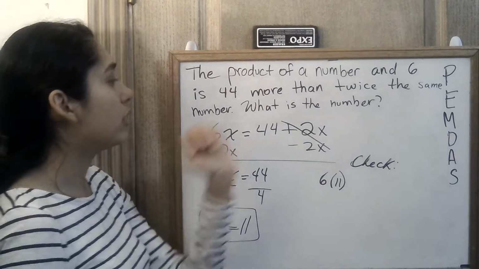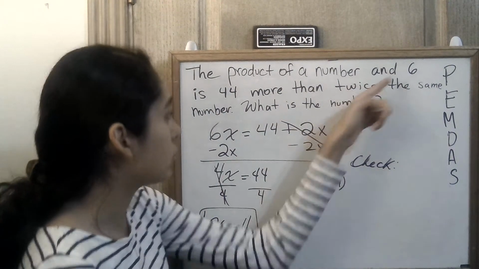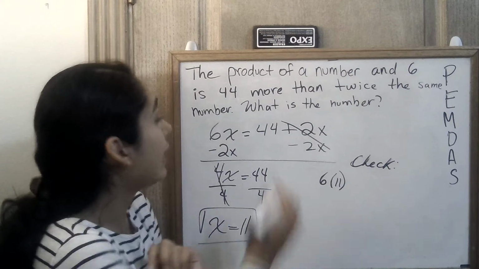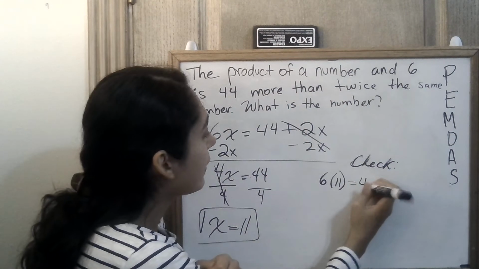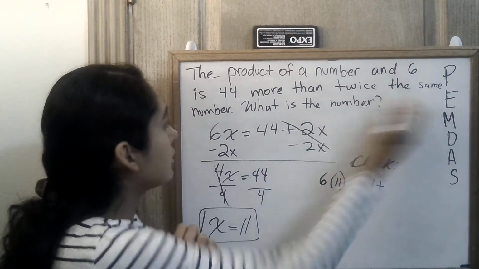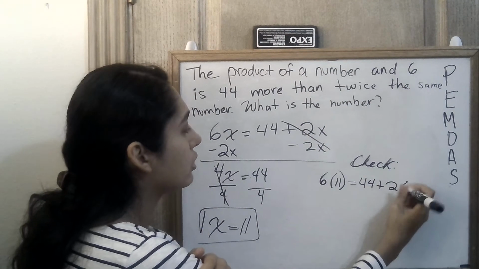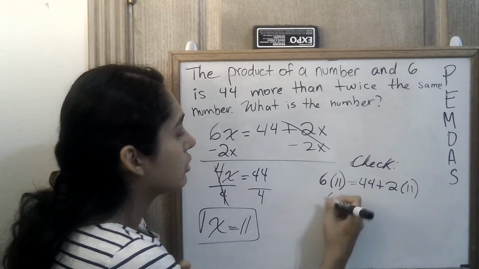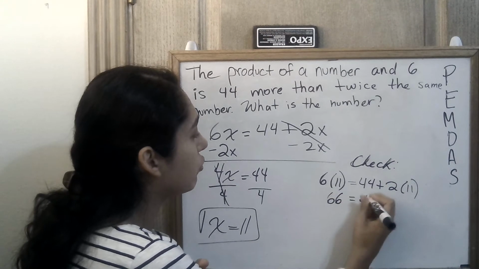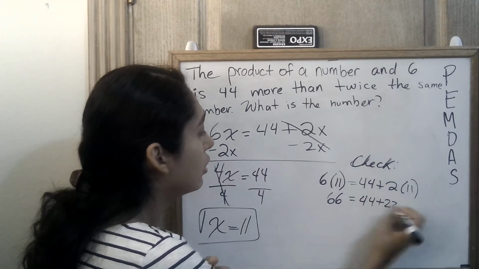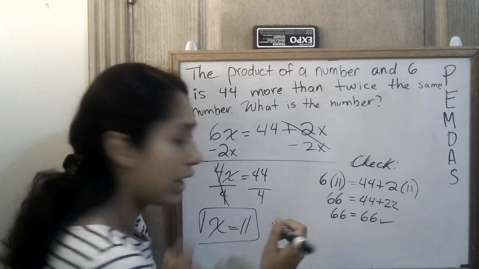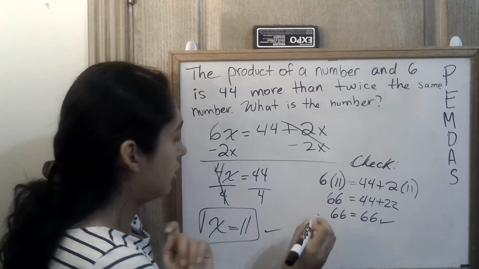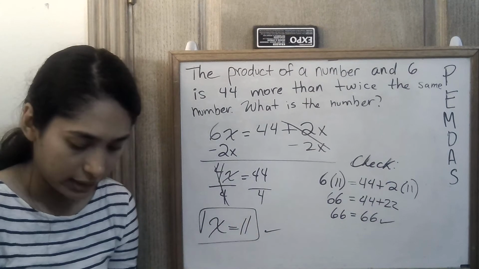The product of a number and 6, so 6 times the number, means equal sign, 44 more than twice the same number. Okay, so we just plug in 11 here. 66 is equal to 44 plus 22. 66 is indeed equal to 66. Yay! So we are correct.